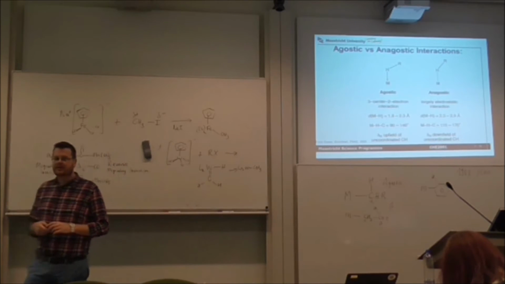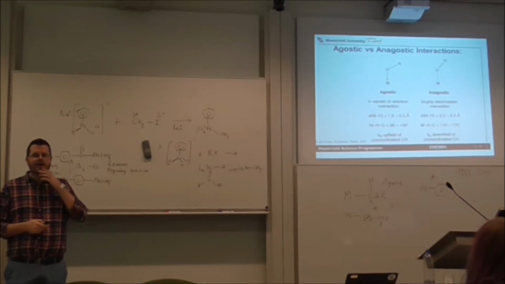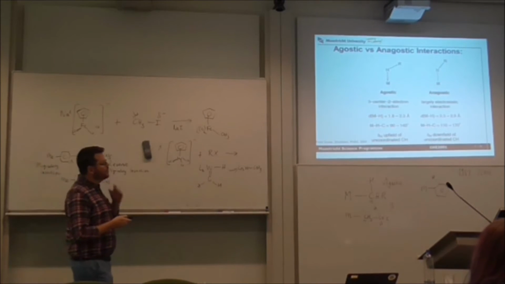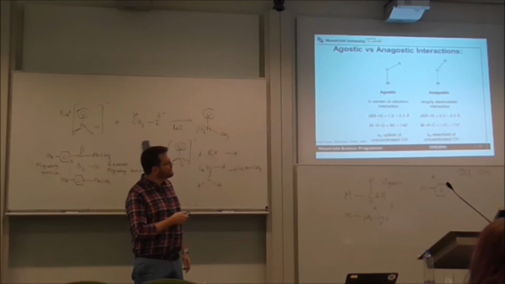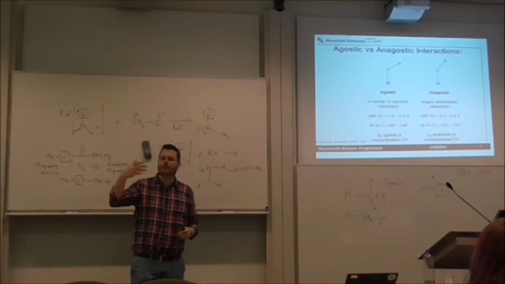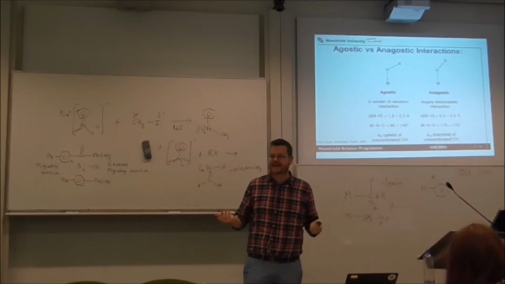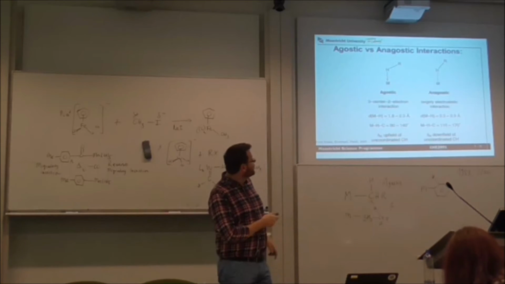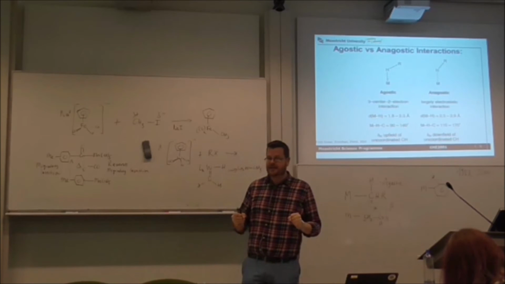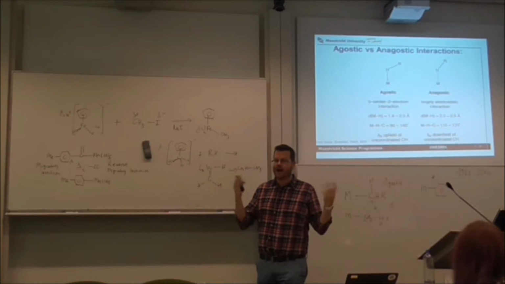Yes? I don't quite understand the difference between the two. Could you? Yes, sure. First of all, the difference is in terms of the length. An anagostic interaction is a somewhat weaker interaction, and it's electrostatic, like the interaction between sodium plus and chlorine minus. Whereas in an agostic interaction, it's covalent, like the interaction between hydrogen and hydrogen.